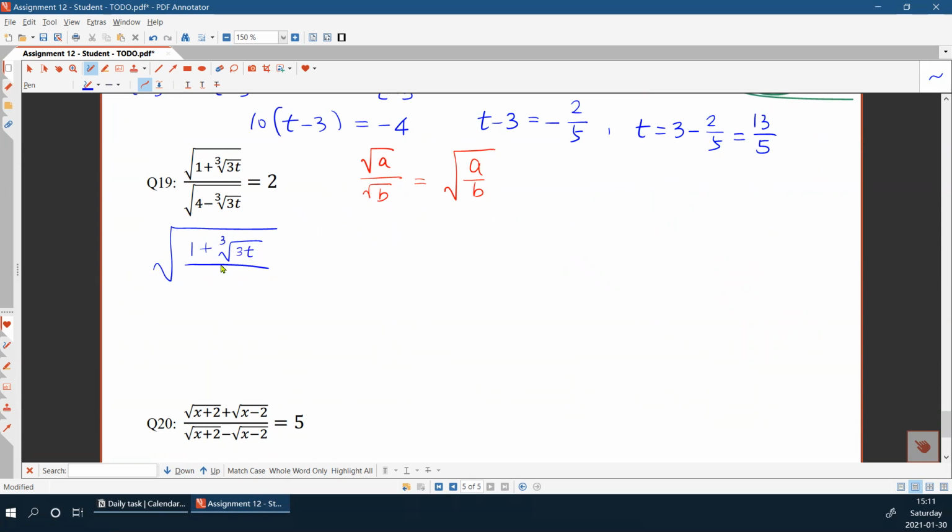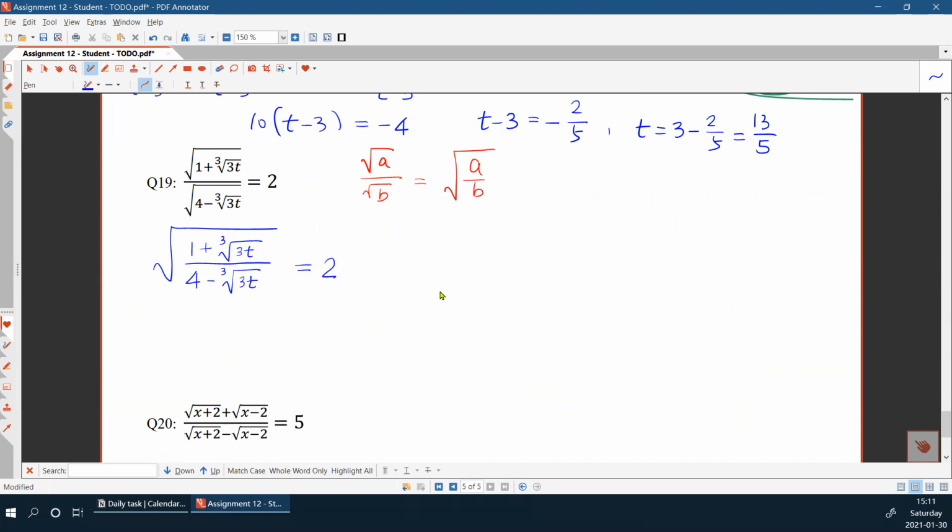Here we have 1 plus cube root of 3t over 4 minus cube root of 3t. Okay, this is 2.